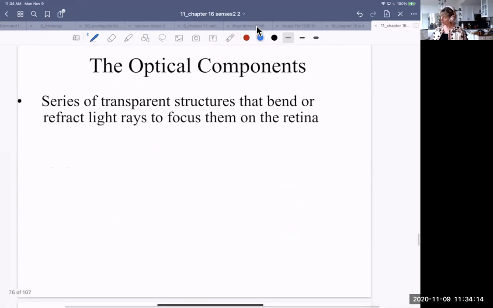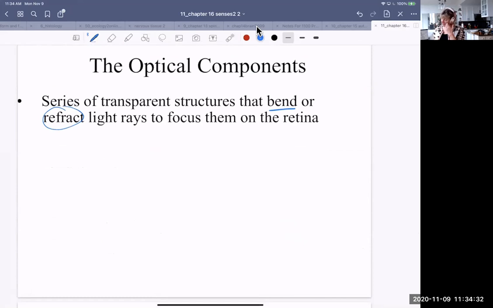The optical components are a series of transparent structures that bend or refract light rays to focus them on the retina specifically. So the optical components.